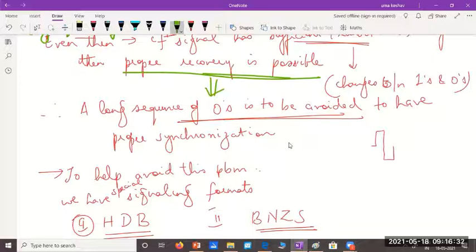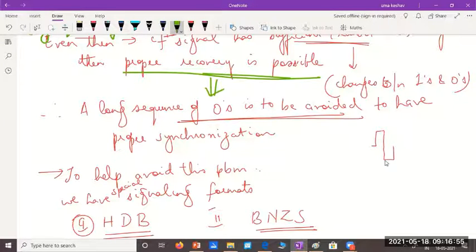Instead of just having zeros, I'll replace it with a different binary sequence which will include some ones. And at the receiver, synchronization is achieved. And when that pattern is seen at the receiver, it will know that it has to replace that binary pattern with zeros in order to recover the original message.